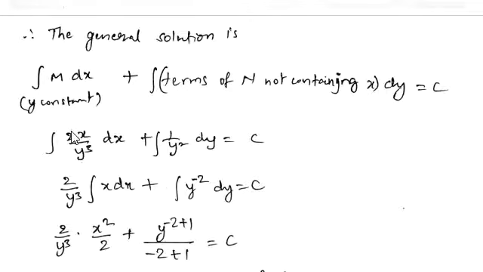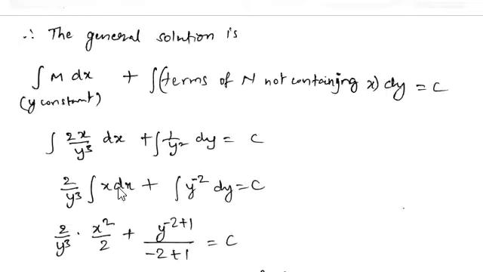2 is a constant, and y is also constant, so we write 2/y^3 outside, the integral of x dx, plus the integral of 1/y^2, that is y^(-2), dy equals c.